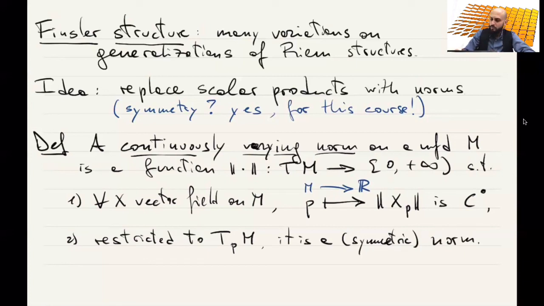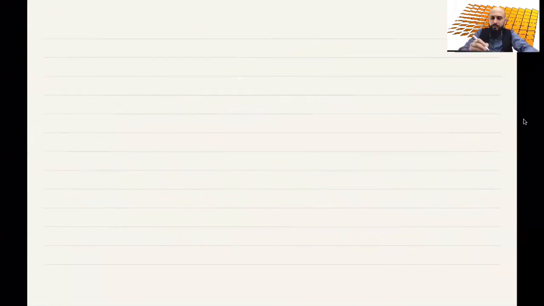Okay, what does this mean, a norm? So a norm should be homogeneous: the norm of lambda x is equal to the absolute value of lambda times the norm of x.